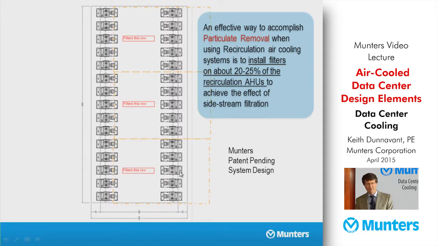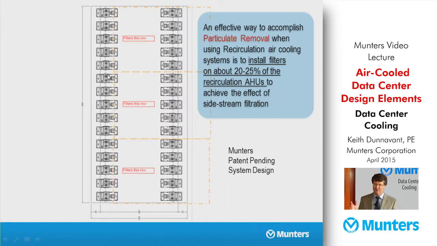So if you put filters just on select units in zones, you will get the proper particulate removal. You want to typically make sure that that's on about 20 to 25% of the overall units. And by doing this, you are not putting any burden on all of these other units that don't have any filters.